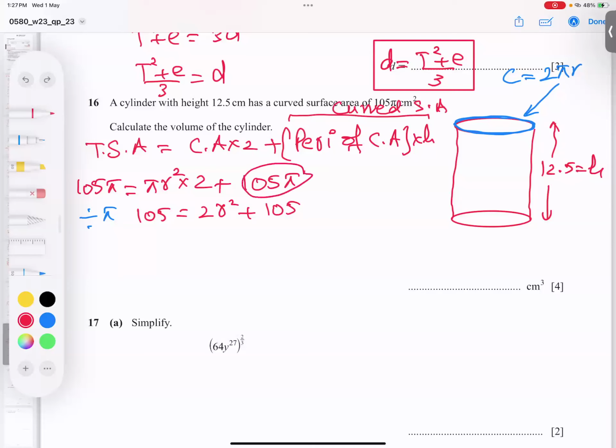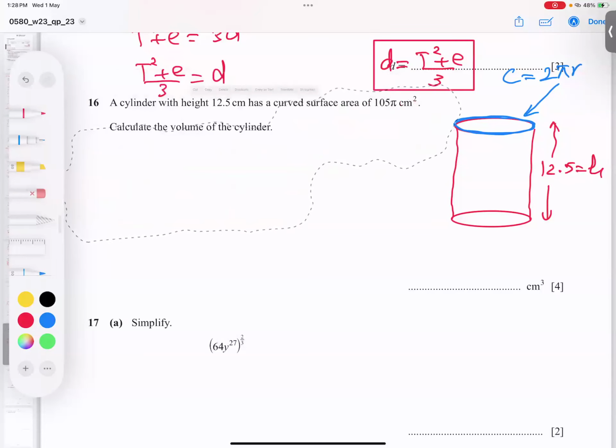Because this is curved surface area, this is total surface area, and total surface area we don't have. We don't have total surface area in the whole question. So this formula will not help. Sorry, I just saw later on. Anyway, so what do we have to work with, students? Sorry for the inconvenience. Anyway, I will work with another technique. See, it is a flop. If flopped, I can use this technique.